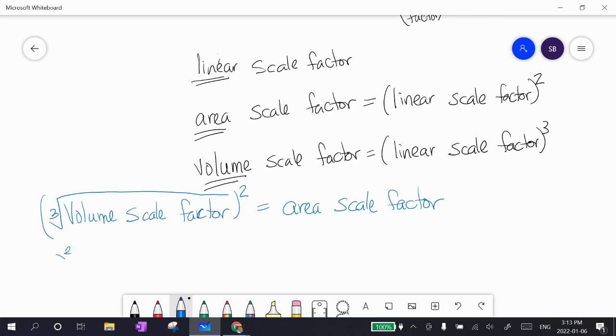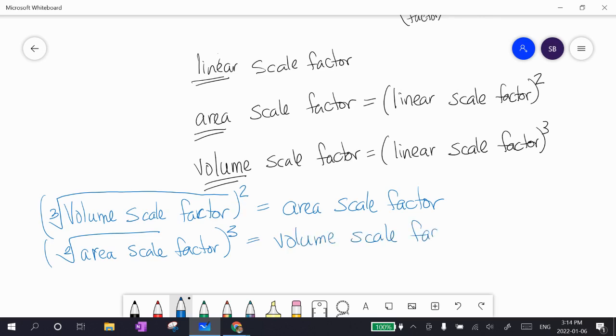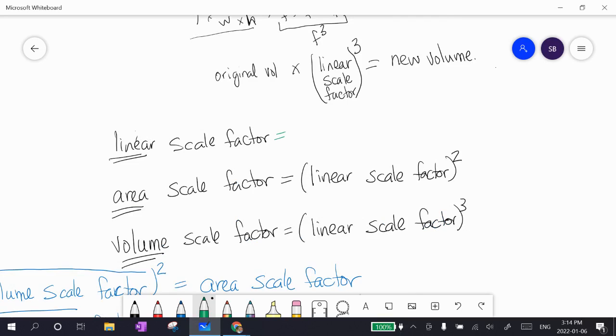And I can say that the square root of the area scale factor cubed is equal to the volume scale factor. The linear scale factor is equal to the cube root of the volume scale factor, and is also equal to the square root of the area scale factor.